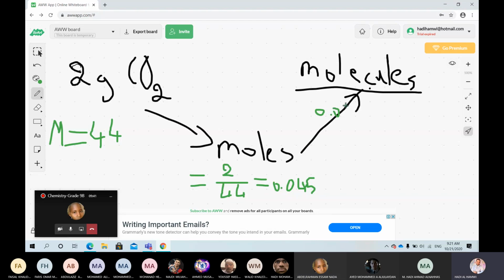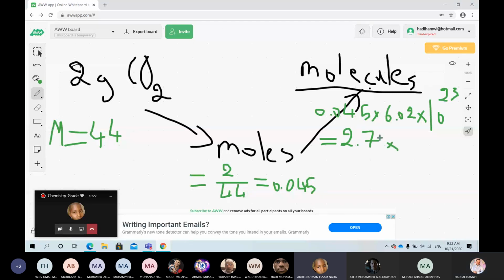Can you find the answer, please? It's 2.71 multiplied by 10 to the power 22.